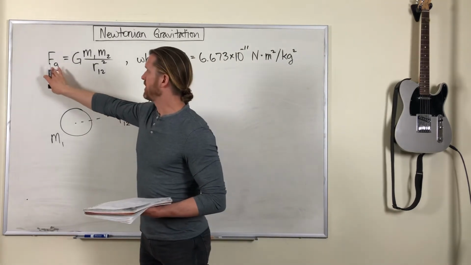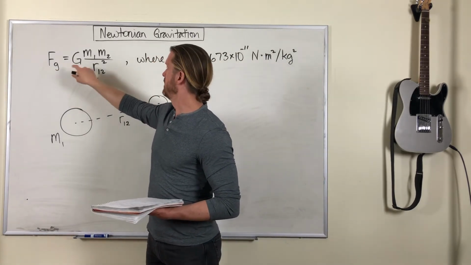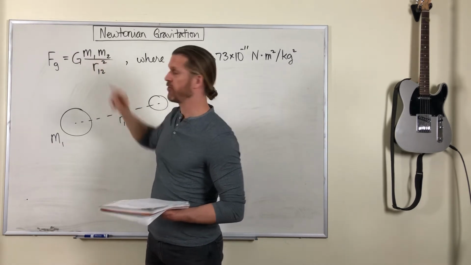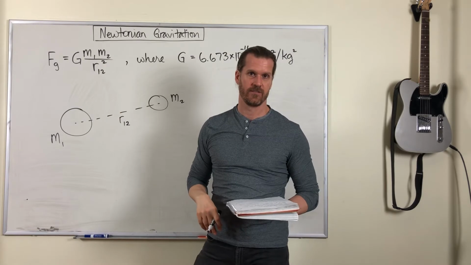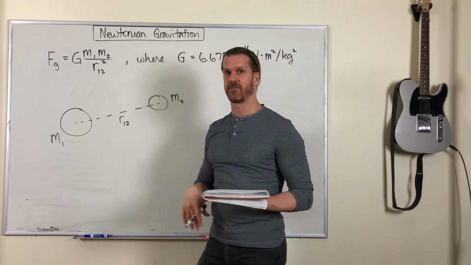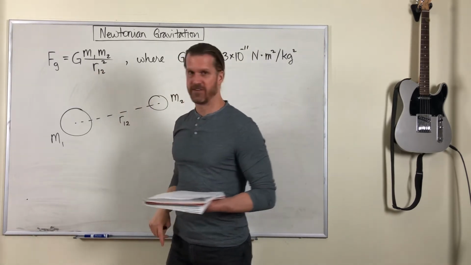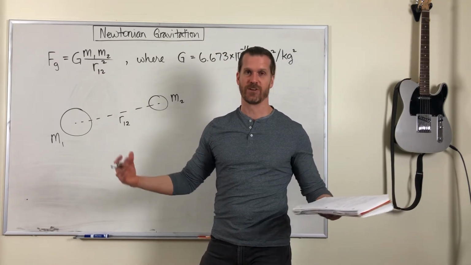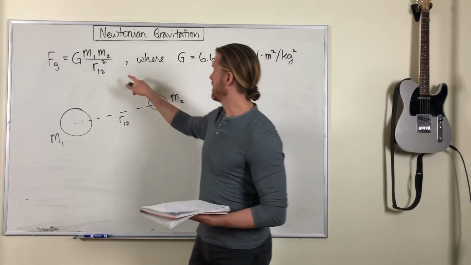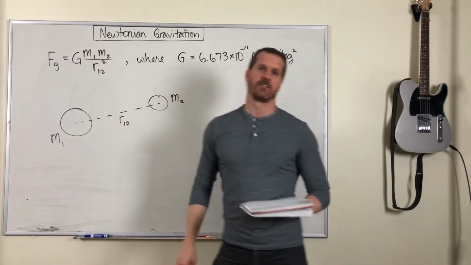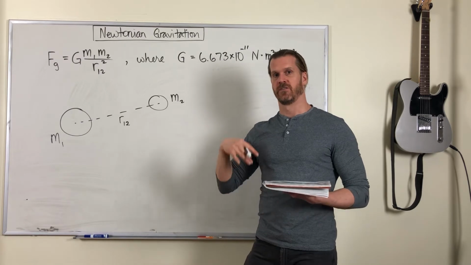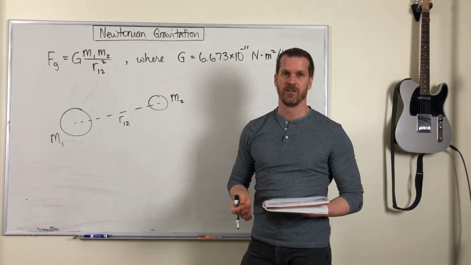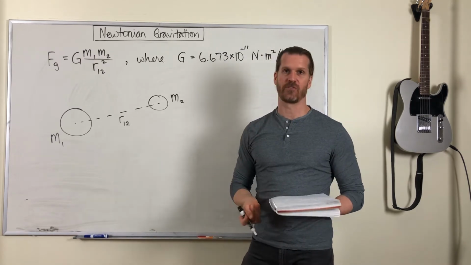So we can see that the gravity force gets stronger with larger values of the masses, and it gets weaker when the distance gets greater. The farther apart the objects are, the weaker the gravity force is. And in fact, it depends on the inverse square of the distance, 1 over the distance squared. This is known as an inverse square law.